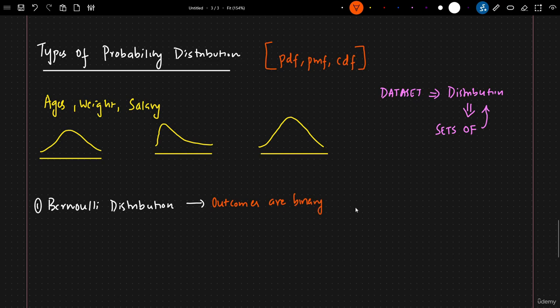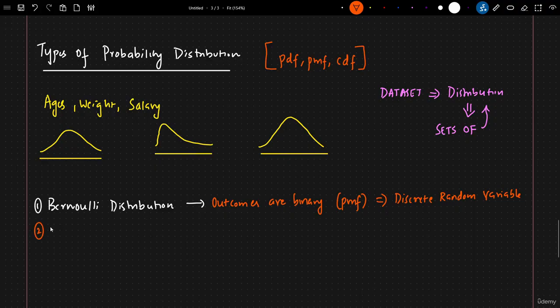They're only binary. That basically means your value can be zero or one. One example is tossing a coin. To construct the distribution, we have to use a PMF function, because when outcomes are binary, it is a discrete random variable, right? Whenever we have a data set, let's say with 10 features, one of the features can follow Bernoulli distribution.